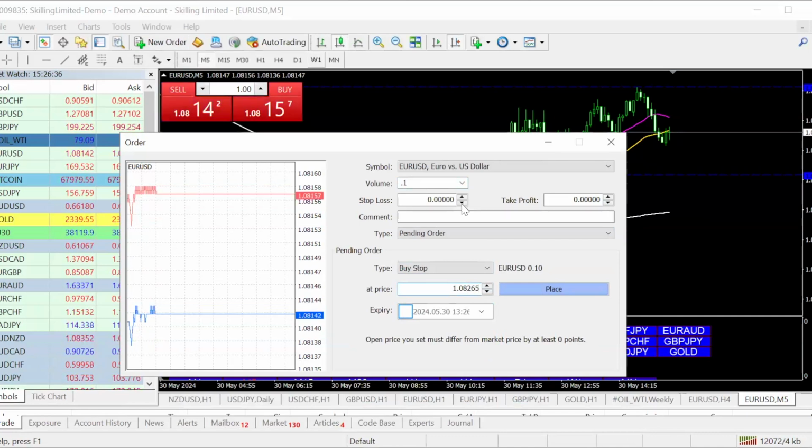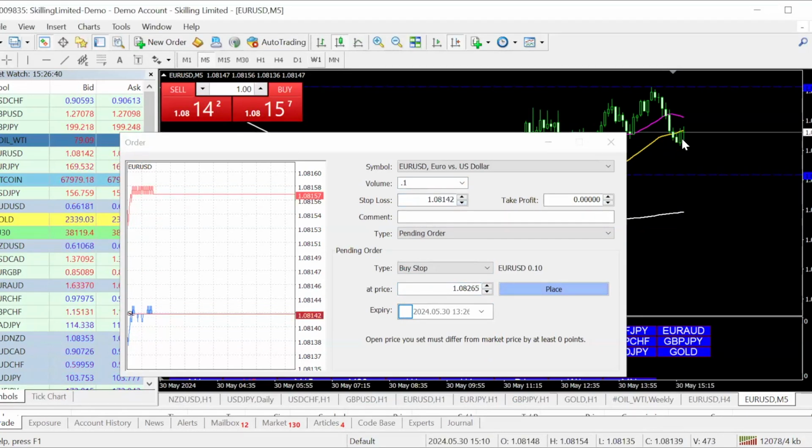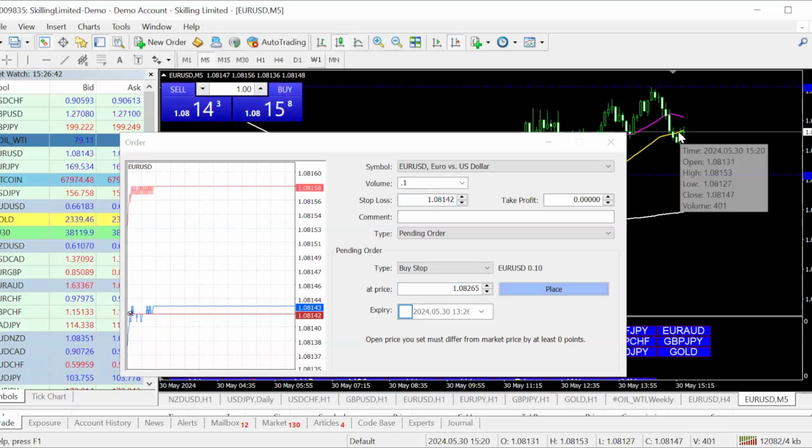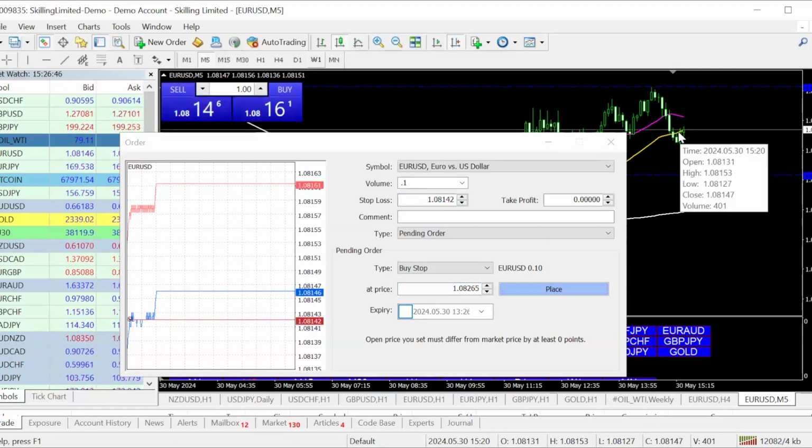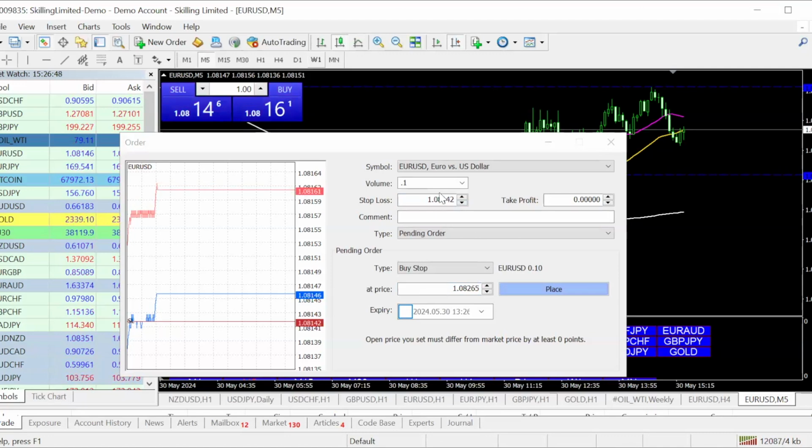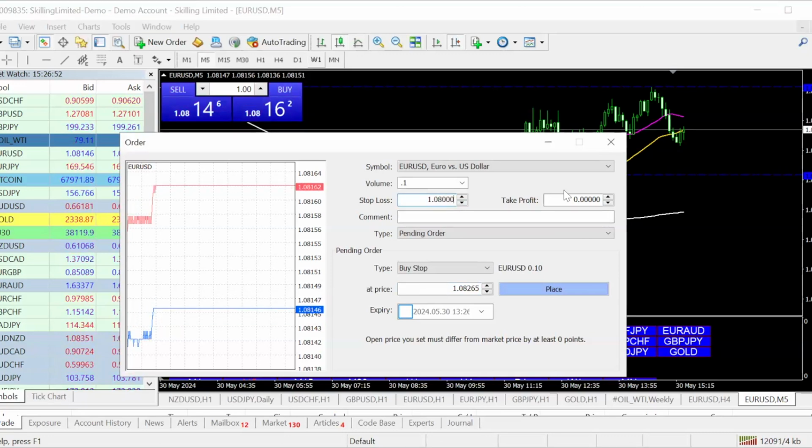And then my stop loss will be below here, somewhere around 1.081. Let me say at 1.0800. And then for TP, I can just use 20 pips, so I can just take it to 45 or 46.